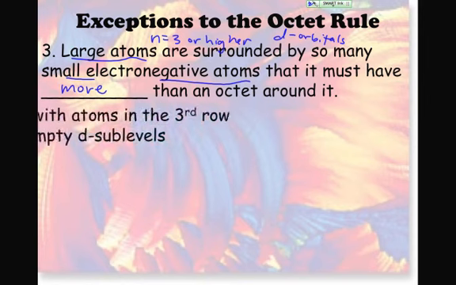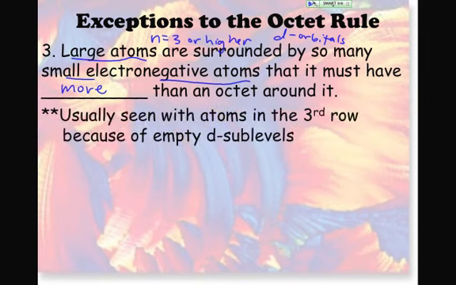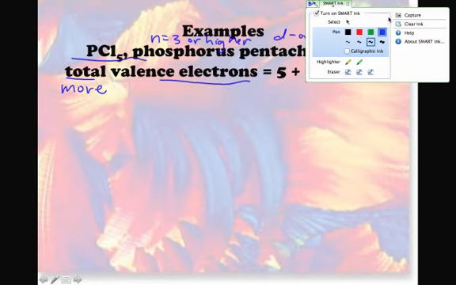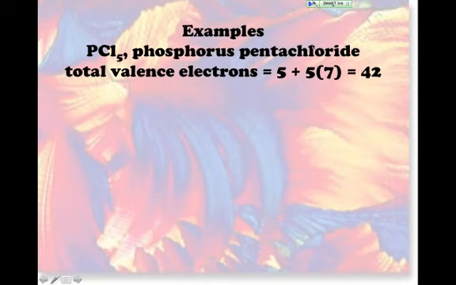They can't exceed the octet unless they have a place for those bonds to go. So some typical atoms that would do this is sulfur, like we saw earlier, phosphorus, xenon, what else? Oh, a few others in that same region on the periodic table.